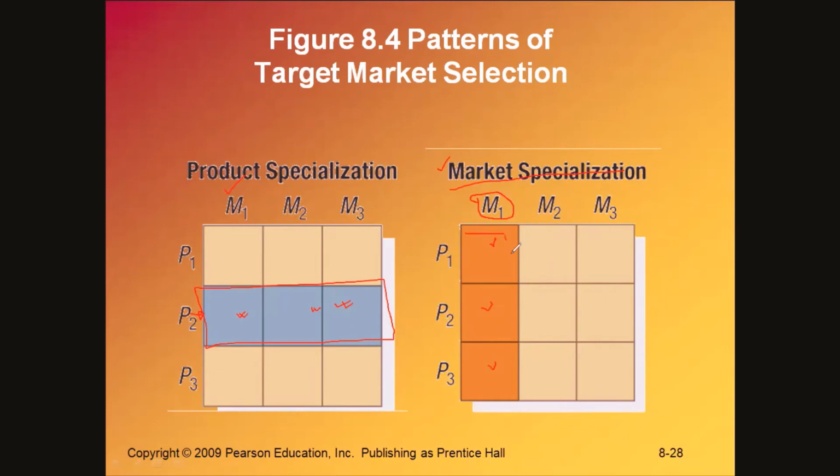So for this single segment, we have three different products, product P1, product P2 and product P3. This strategy represents market specialization, because we are concentrating on a particular segment, and in that segment we have introduced three different products.